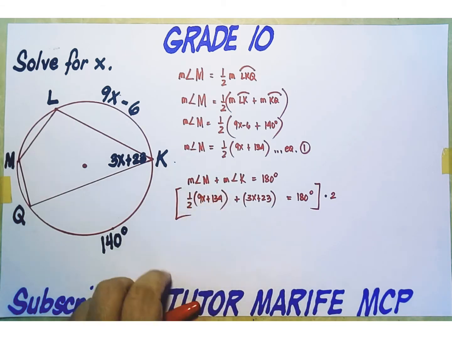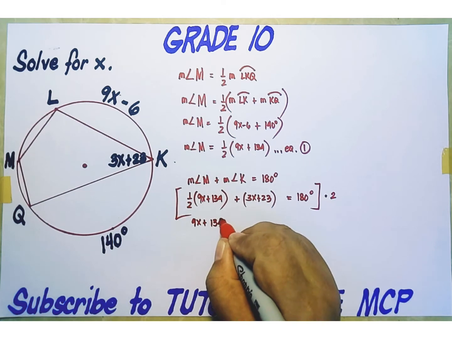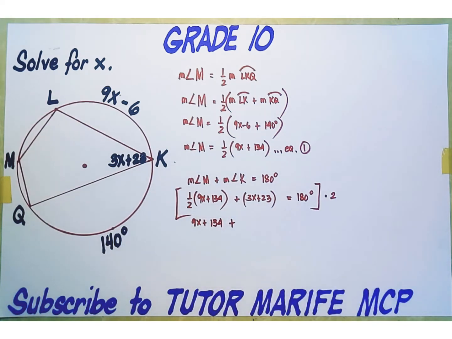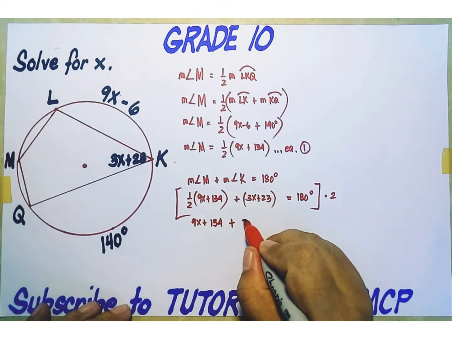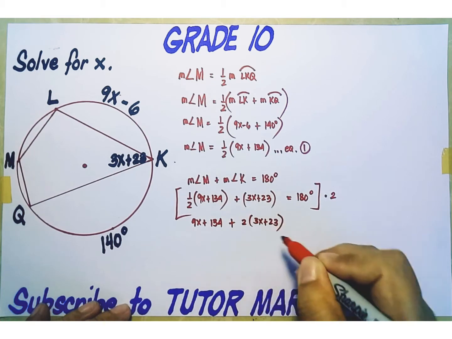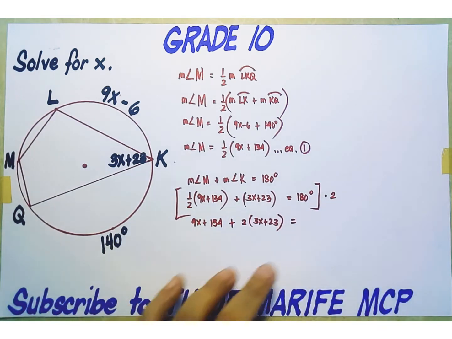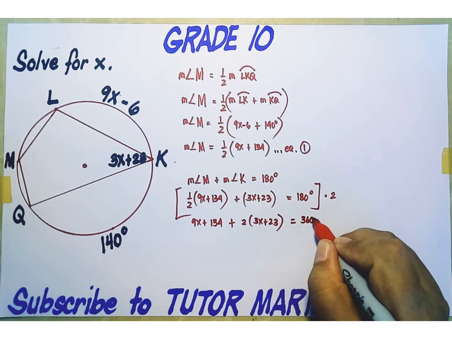We are left with 9x plus 134. Plus second term times 2. Let's write them side by side. Equals right side times 2, 360.